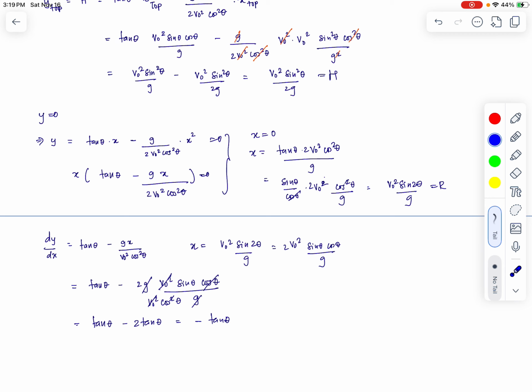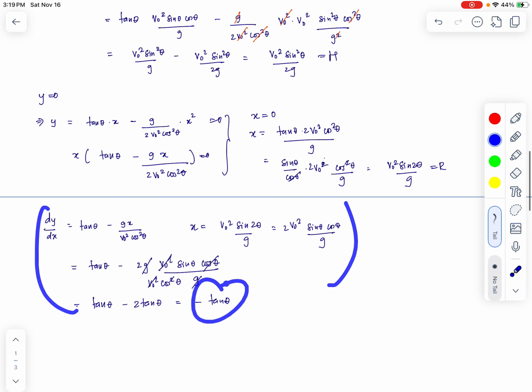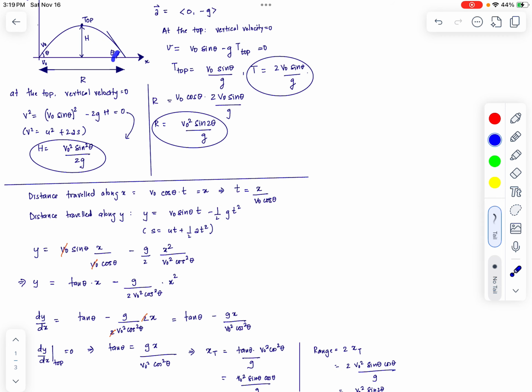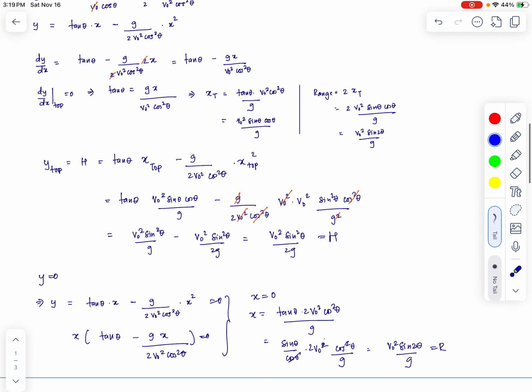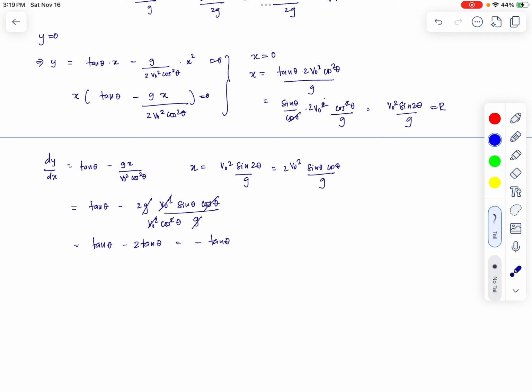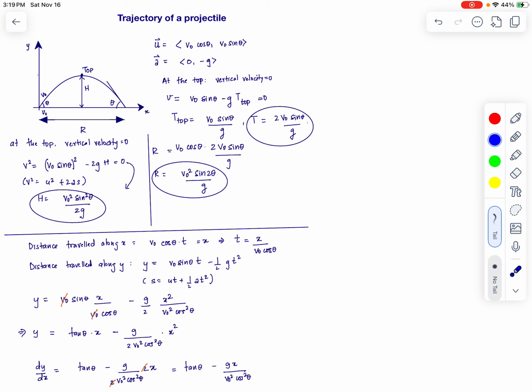We found the slope again at the end is negative tan theta, and the interesting thing is that at the very beginning, x equals 0, so we have slope equals tan theta. So the angle is theta. I'm hoping that this really helps in understanding how projectile motion can be addressed, and how to approach these equations with more confidence.